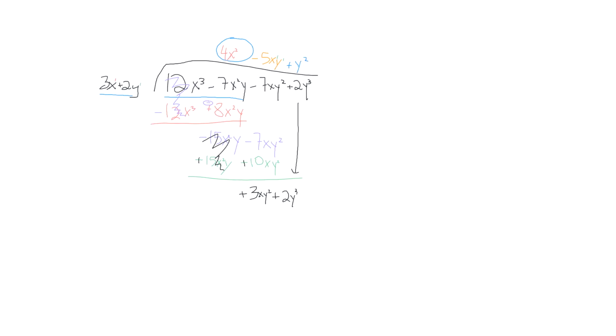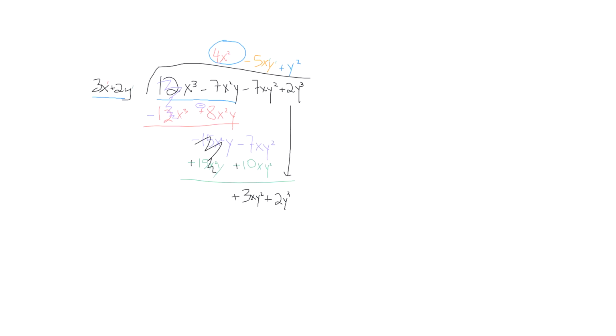That's what I'm missing. I'm going to multiply this y squared by the 2y and the 3x. So y squared times 2y gives me plus 2y cubed. I have 3, that's 2 plus 1. Y squared times 3x gives me plus 3xy squared.